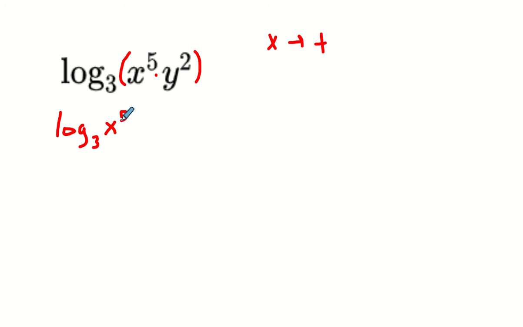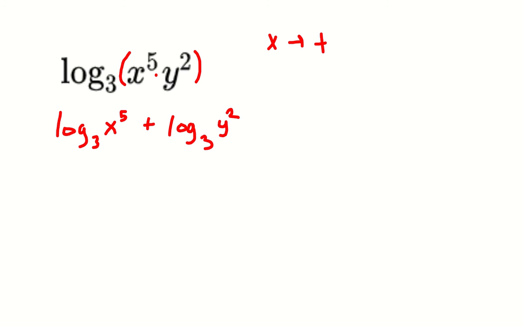Since we're multiplying x to the fifth times y squared, that's what is going to be in our two logs. So log base 3 of x to the fifth plus, multiplication becomes addition, log base 3 of y squared. So that's the first thing you want to do there.